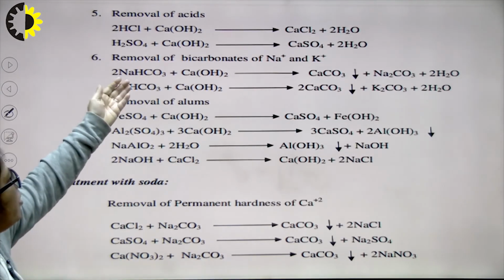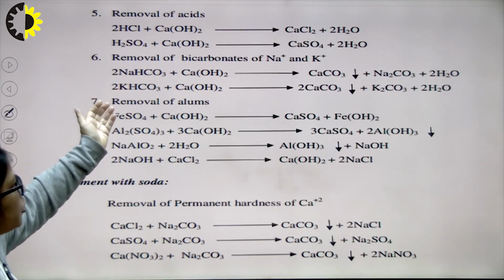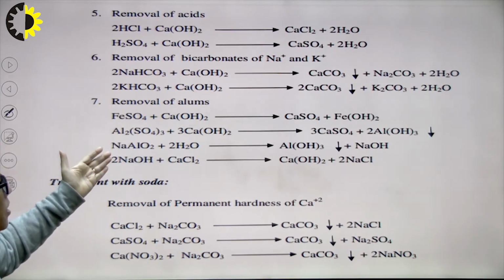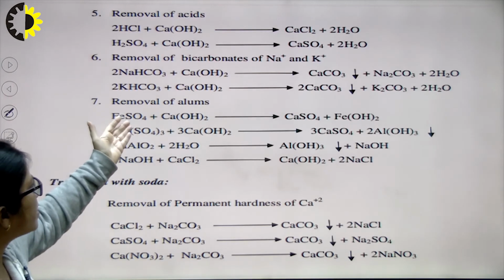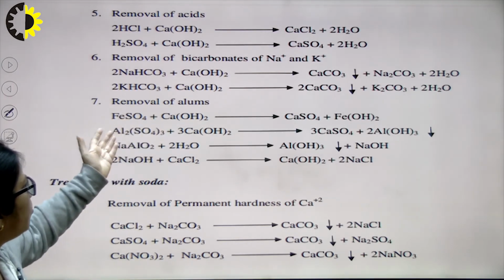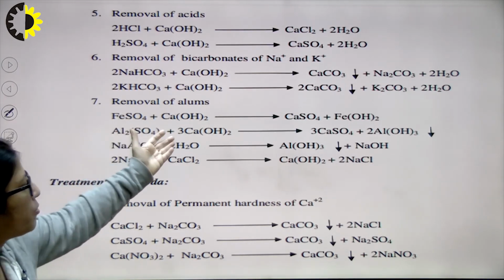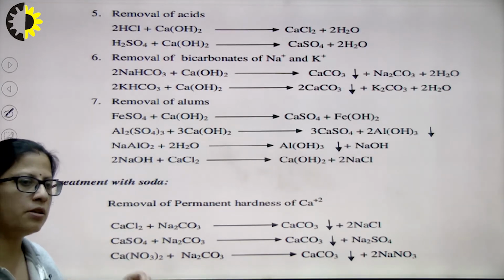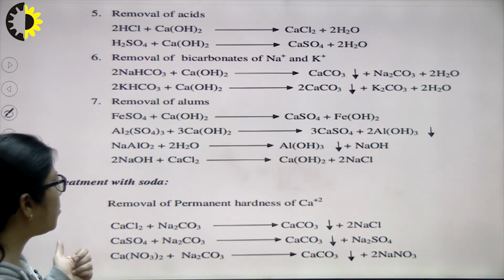These are the removal of bicarbonates of sodium and potassium. These are the reactions. Removal of alums, these are the different reactions. Here, 1 mole of ferrous sulfate requires 1 mole of lime, whereas 1 mole of aluminium sulfate requires 3 moles of lime. Treatment with soda.